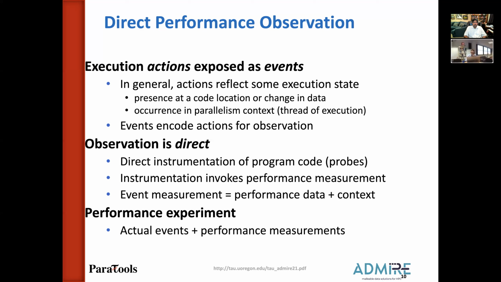We've all used things such as get time of day, where we just want to time a loop and we say T1 equals get time of day. There's a for loop, then we say T2 equals get time of day, and then a print statement that says the time spent in loop is T2 minus T1. That is direct performance observation based on adding probes to your code.